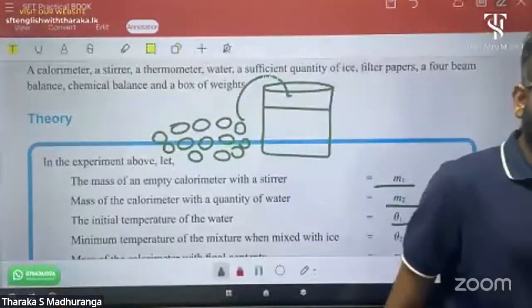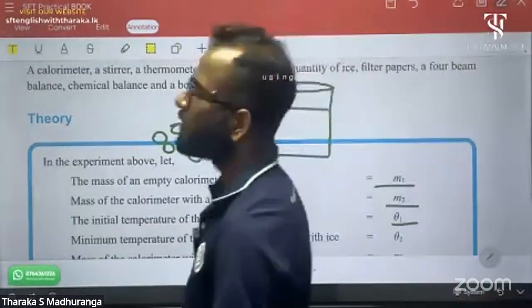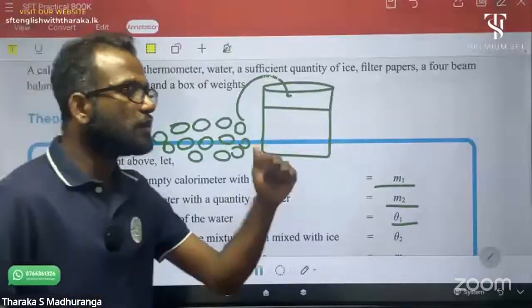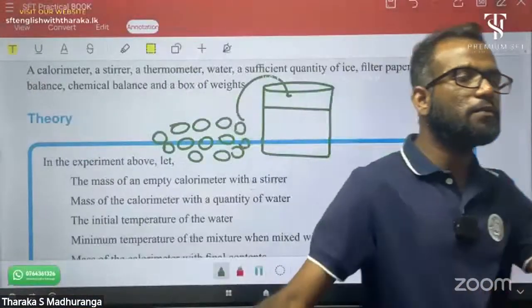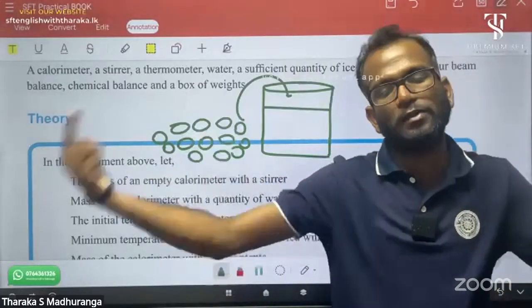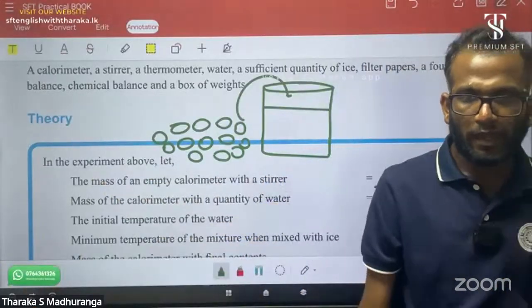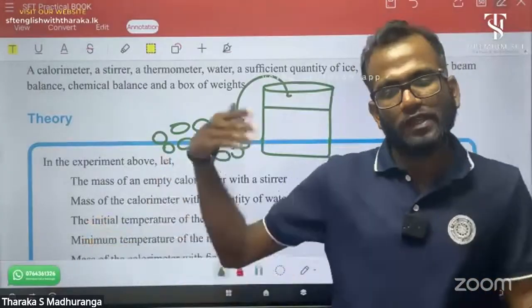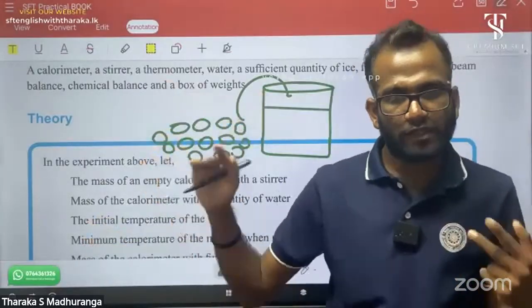Okay. Again, come to the mixture method. Fusion specific latent heat. What I did: first I took the empty calorimeter and measured the mass. It is M1. Then add half of the water and measure the mass M2. Increase the temperature and avoid heat damages.